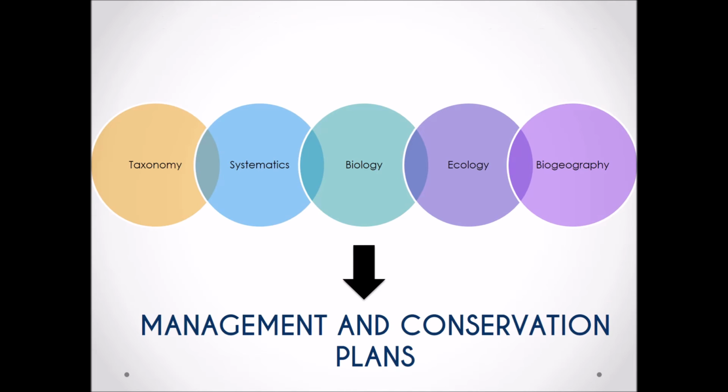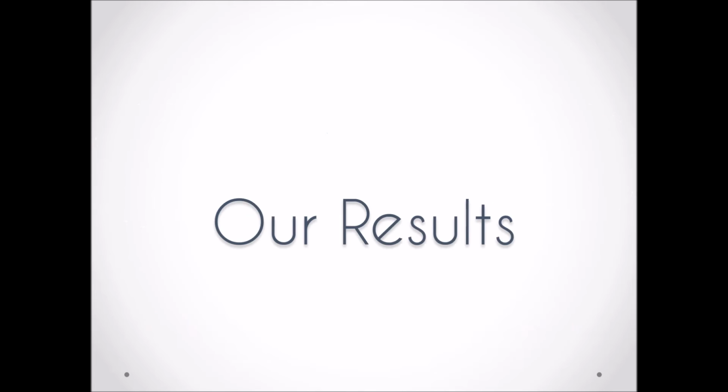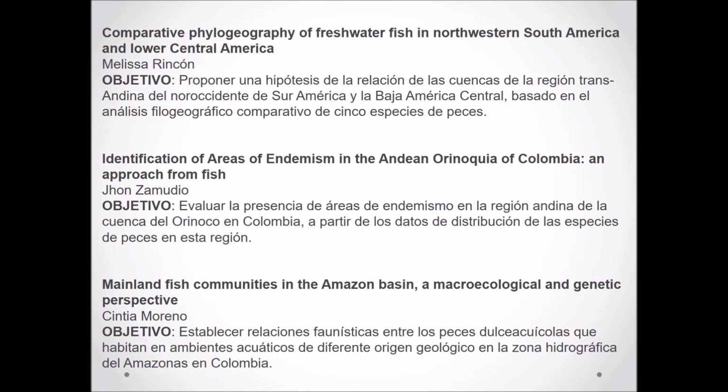As mentioned before, all the results of our investigations in taxonomy, systematics, biology, ecology, and biogeography are aimed at producing management and conservation plans. So, here we can see some of our results as a research laboratory. We have comparative phylogeography of freshwater fish in northwestern South America and lower Central America. We have the identification of areas of endemism in the Orinoquia of Colombia.